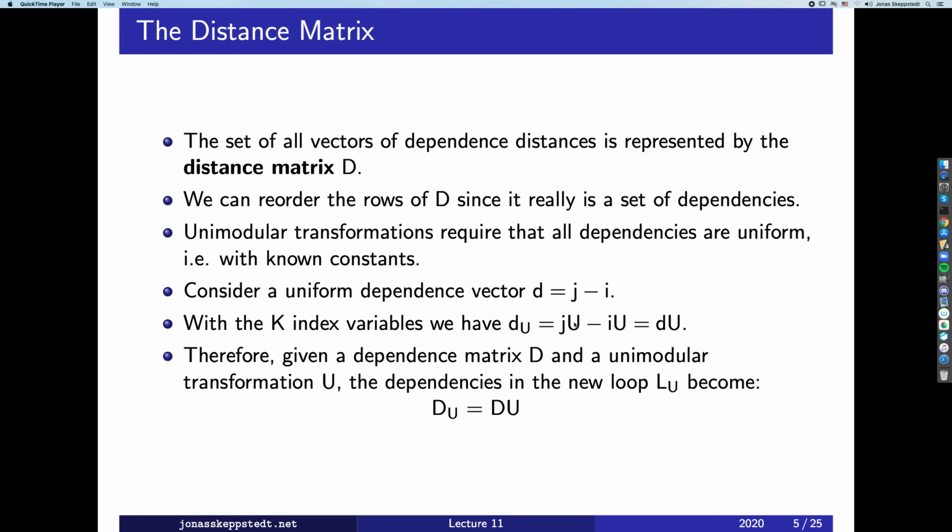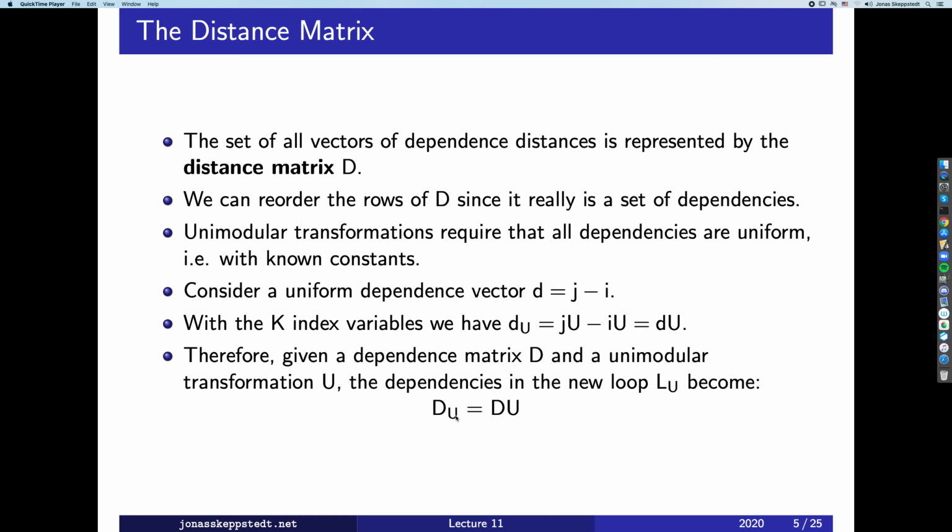So this dependence vector is transformed into this one, and the new distance matrix becomes this for the new, transformed loop.